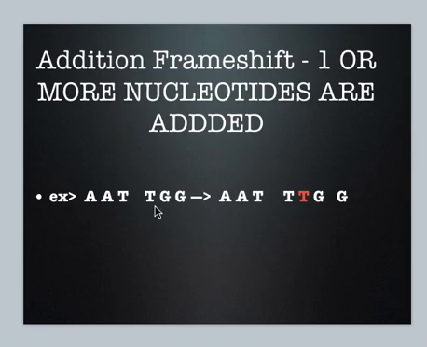Here's how it works. So this is what's in your notes. Underneath your addition frame shift, the definition is easy. You're adding nucleotides to a gene. So here are 2 codons, AAT, TGG. Well, after the mutation, the arrow's the mutation, the first codon's fine, but a T has been added.